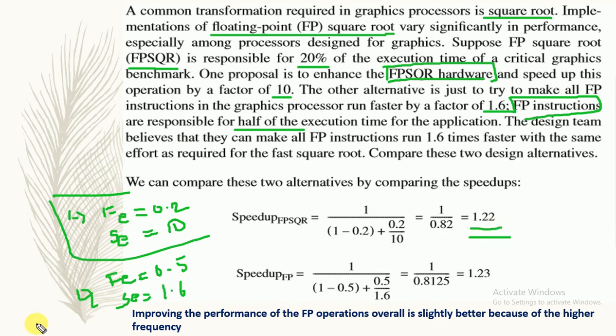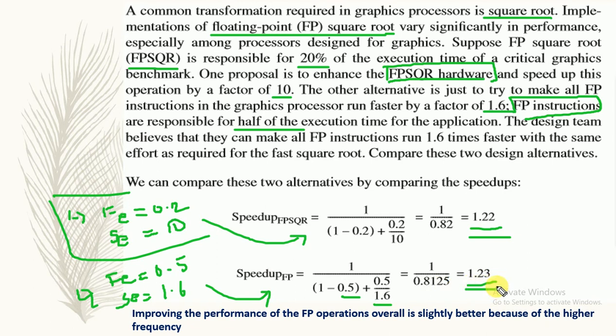Now for the second case, the speed up due to improvement added to all the FP instructions is equal to 1 divided by (1 minus fraction enhanced 0.5, plus fraction enhanced 0.5 divided by speed up enhanced 1.6), which is equivalent to 1 divided by 0.8125, which is equivalent to 1.23.